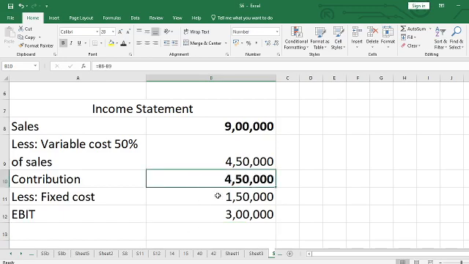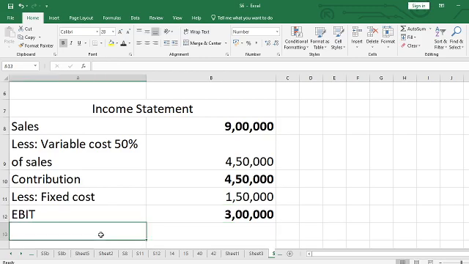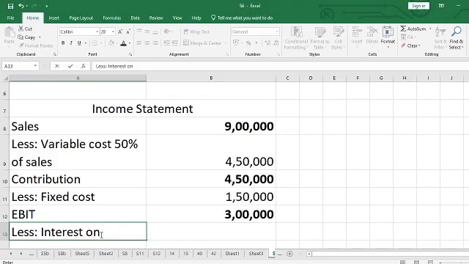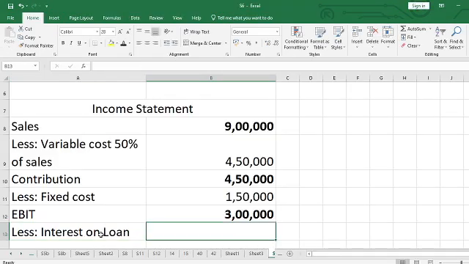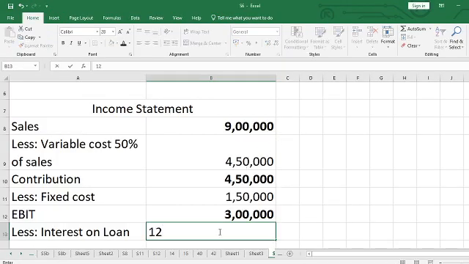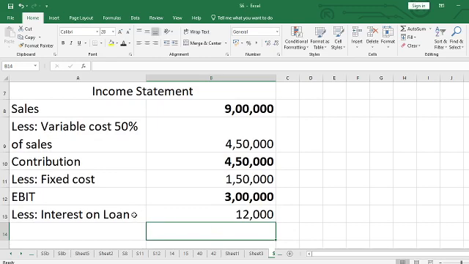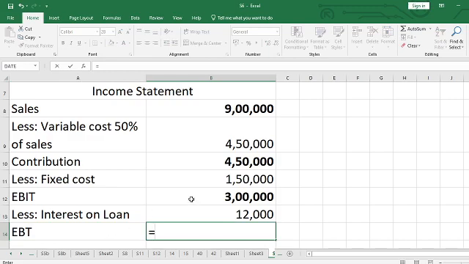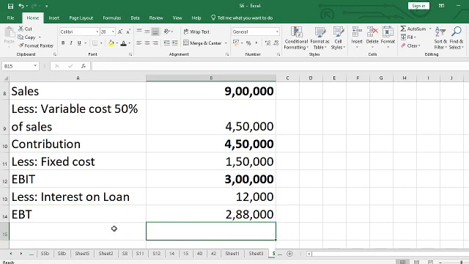Next we need to deduct the interest on long-term loan. How much interest do we need to pay? Here 10% is given, 10% is the interest rate on 1,20,000. So 12,000 will be our interest. So the outcome is EBT. EBIT minus interest will give you 2,88,000.